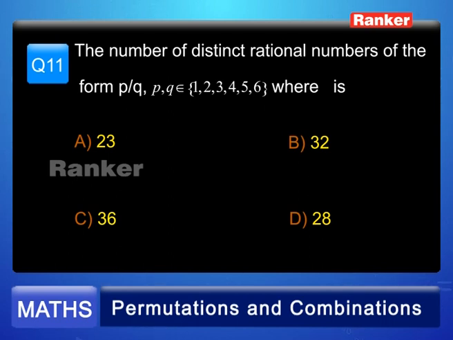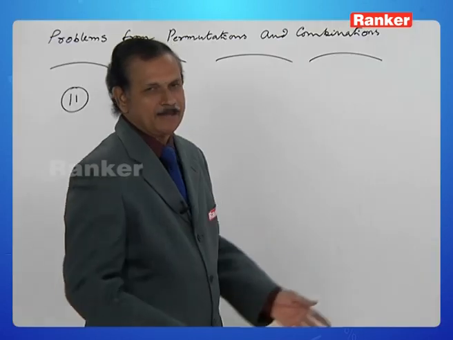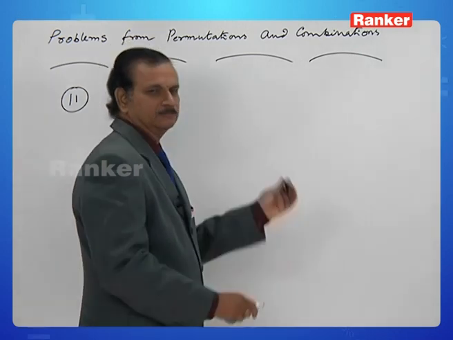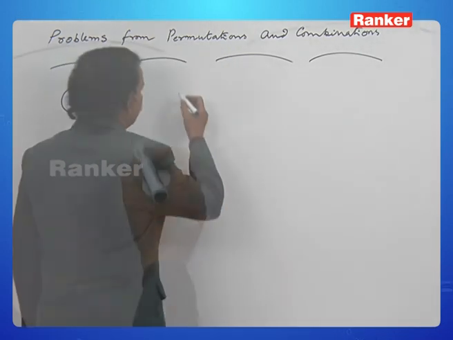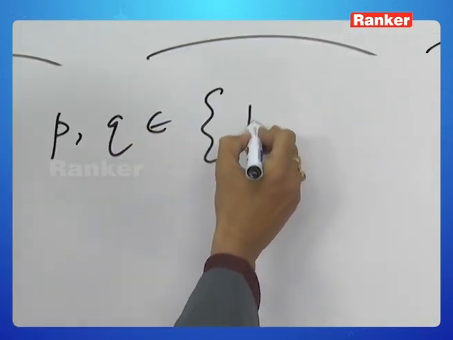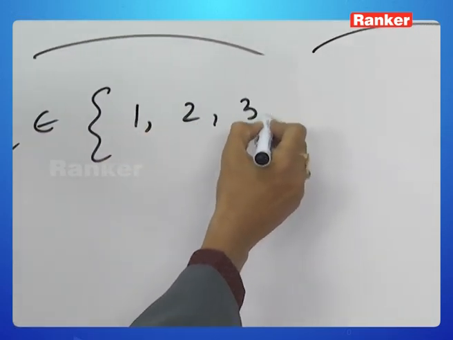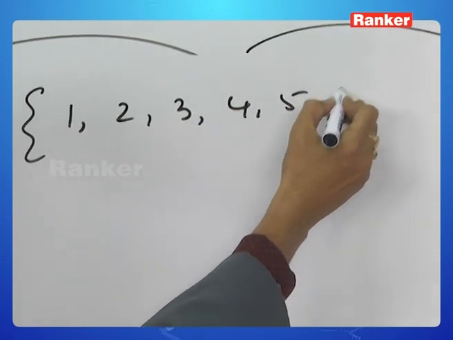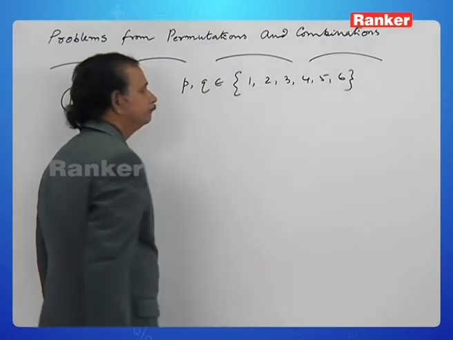First option is 23, option B is 32, option C is 36, and option D is 28. Let us examine which option is the correct option. P, Q belong to 1, 2, 3, 4, 5, 6.